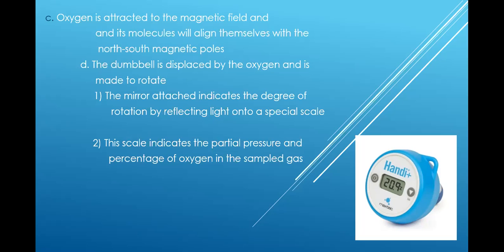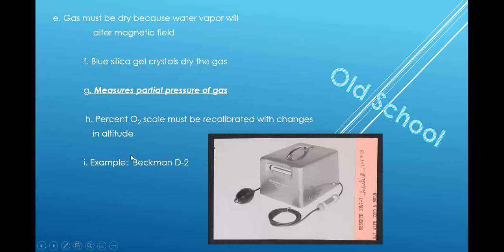That's amazing that it does all that inside. There's a little string hanging, a mirror, a magnetic field, and the little mirror is turning, and the degree of turning tells you the percentage, and all that comes up on the screen, right? And that's all you see is the number, right? But all that's going on inside of the analyzer. Now, you don't have to know all of that. What you need to know about the paramagnetic or physical analyzer is this.